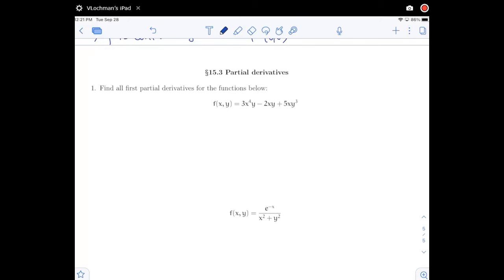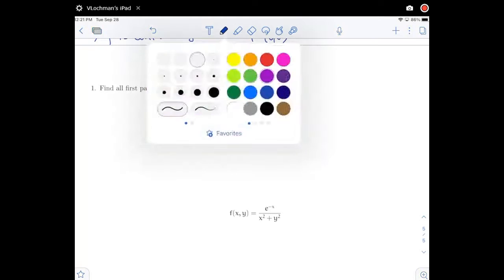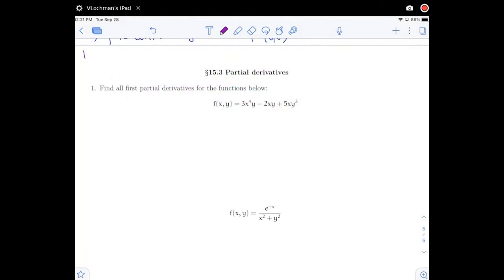So, notation for partial derivatives. Let's say we want to take a partial derivative of f with respect to x. I'm going to use this curly d, ∂f/∂x. This represents the partial of f with respect to x.